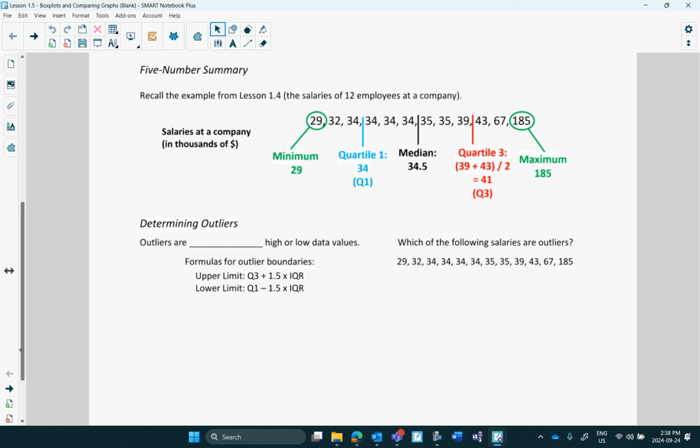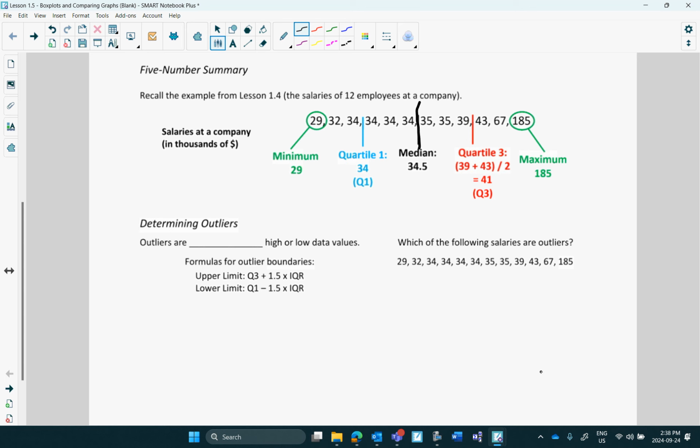Remember how we found Q1 and Q3. And those of you that had to leave early yesterday, this is just a quick thing for you. To find the value of quartile 1 and quartile 3, well, the median we said was 34.5. The median split the distribution into 2 equal parts, 6 and 6.